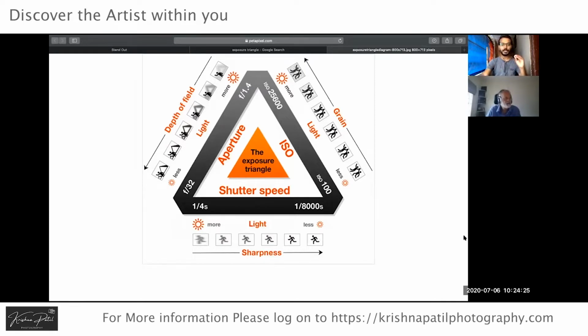As of now we will study this entire image, which will help us understand when we have to change our settings, and when we can go ahead with a particular ideal situation. I told you about the three pillars of photography: aperture, ISO, and shutter speed. These three things combined set the exposure triangle.